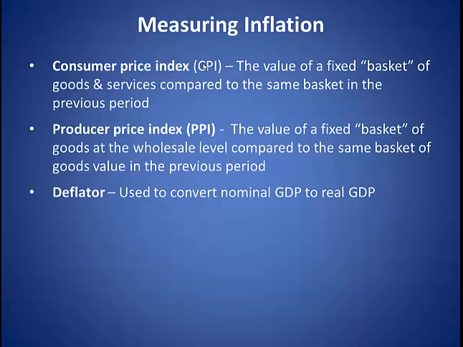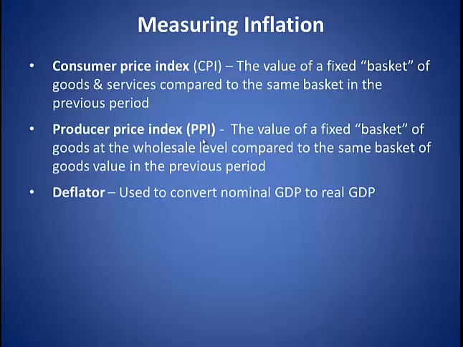So we're going to use a consumer price index for certain elements of consumer final goods and services, and deflate back to the previous year to determine whether there was a true increase or decrease. In other words, comparing apples to apples. We also have the producer price index, or the PPI, which is the value of a fixed basket of goods at the wholesale level compared to the same basket in the previous period.